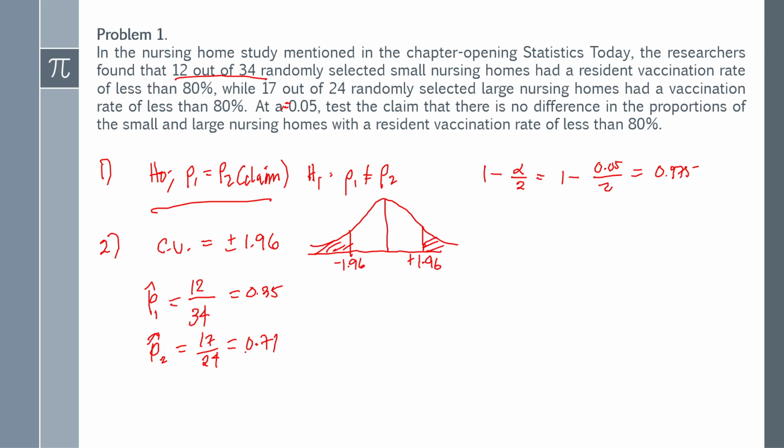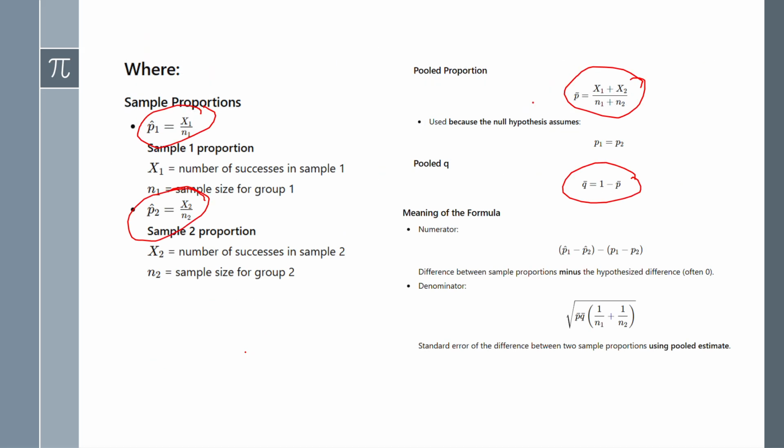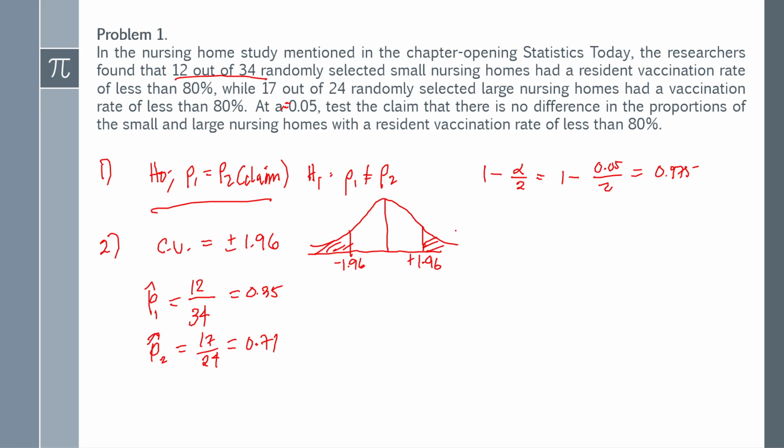The next step is we need to find the pooled proportion. P bar is equal to x1 plus x2 over n1 plus n2. So x1 is 12 plus 17, over n1 is 34 plus 24.